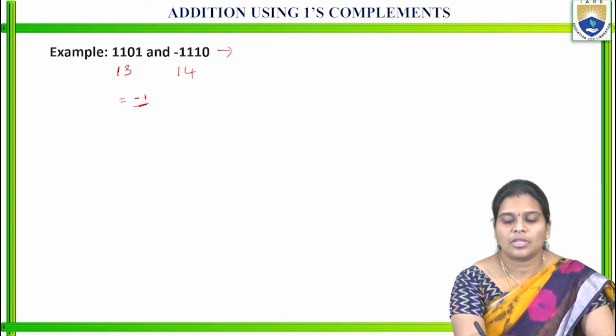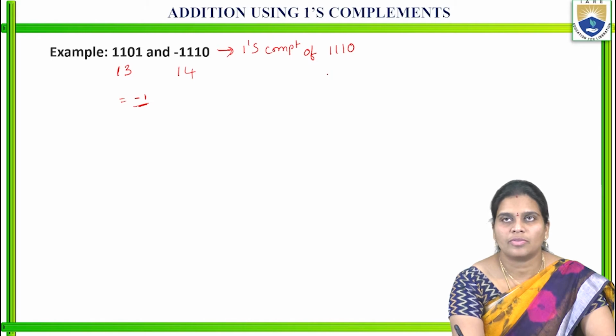So we'll check this one. In the first step, apply the ones complement of 1110. Ones will change to zeros, zeros will change to ones. So 0001. Ones complement of 1110 is 0001.